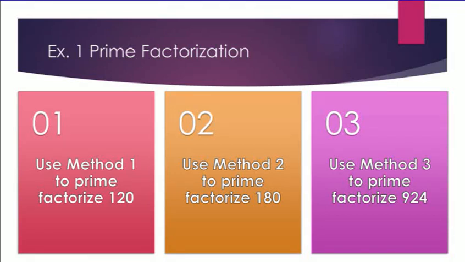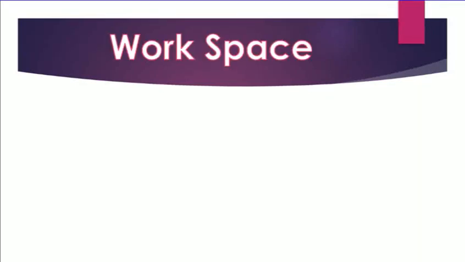So method 1, prime factorize 120. I'll come over here, we'll do 120 using method 1, which was just list them. So 120, a prime number I can take out of 120 would be 3. And 3 times 40 gives us 120.